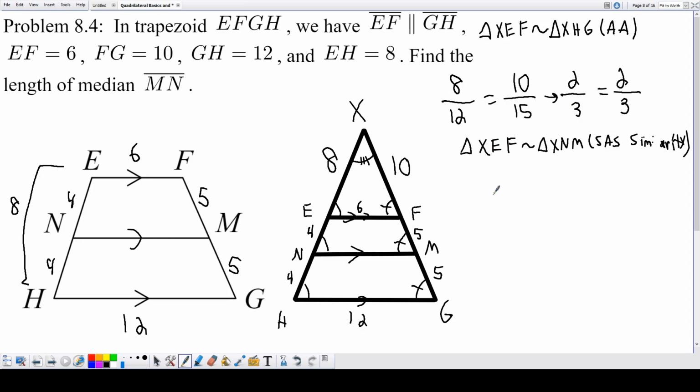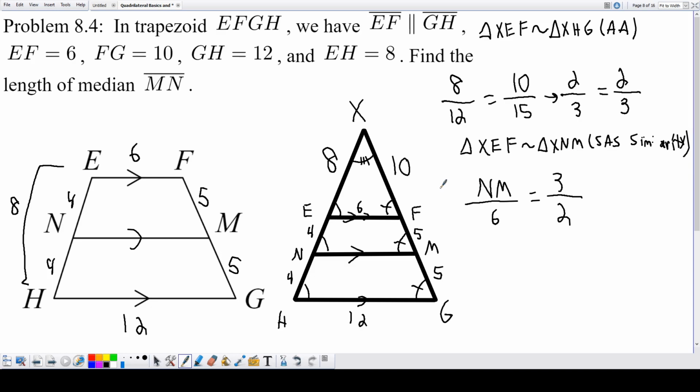Because making a proportion, we have that NM over EF, which is 6, is equal to 3 over 2 by doing 12 over 8.